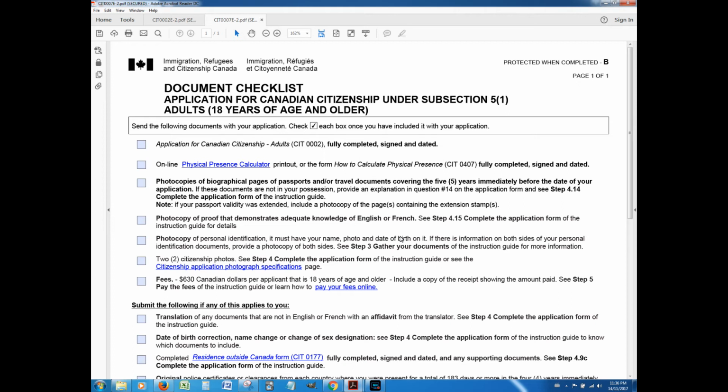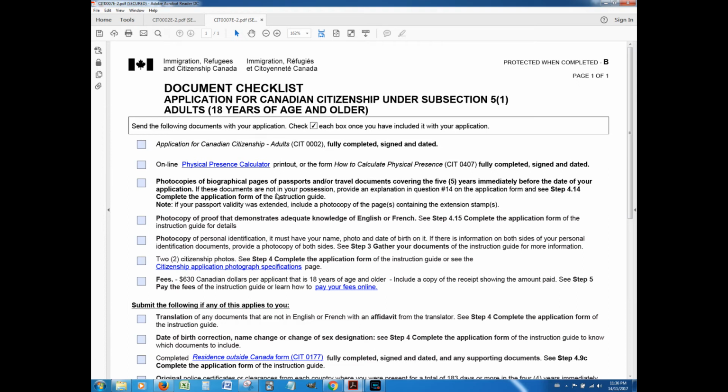Documents checklist. If you look at the documents checklist for the application for Canadian citizenship under subsection 5.1, you will see that on the third line it says photocopies of biographical pages of passports and or travel documents covering the 5 years immediately before the date of your application.